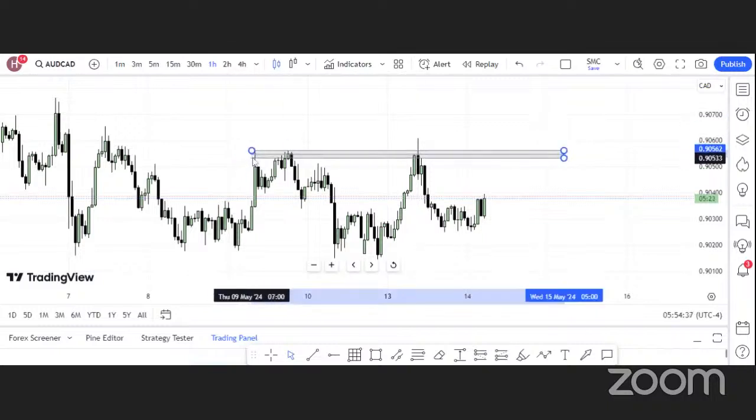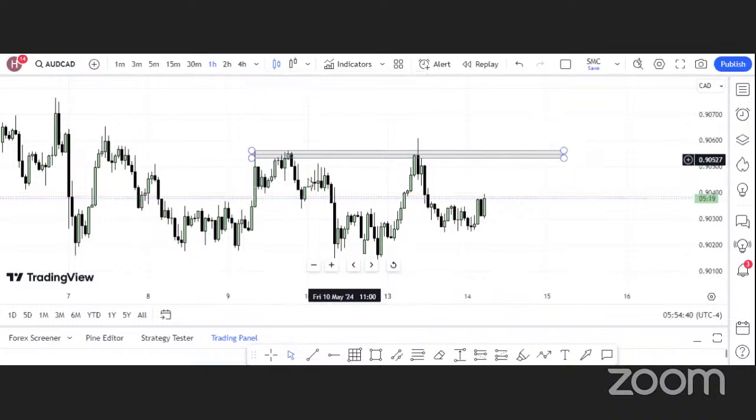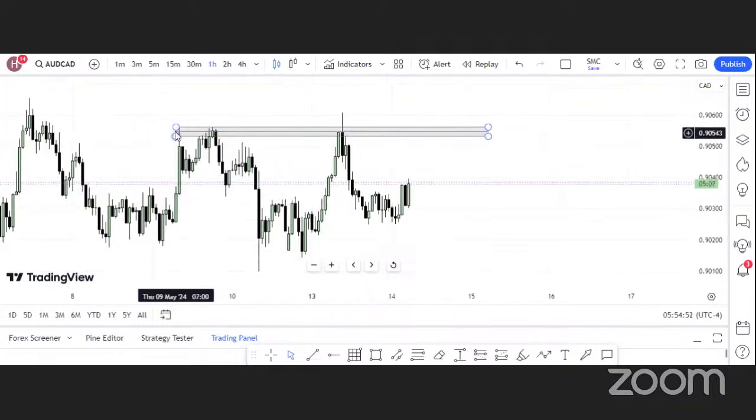After my analysis, with the price action, what I see here is the market previously rejected these zones, these price points. I have this first rejection, the second rejection, and the third rejection.